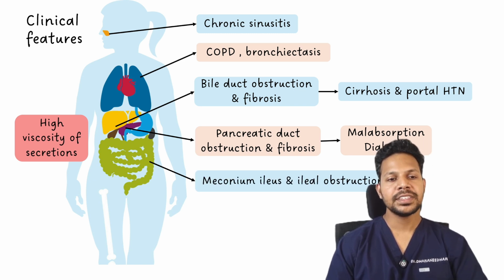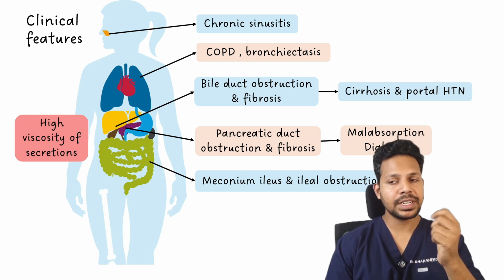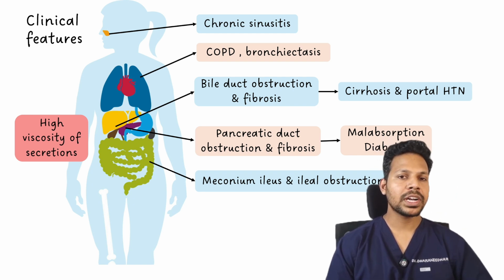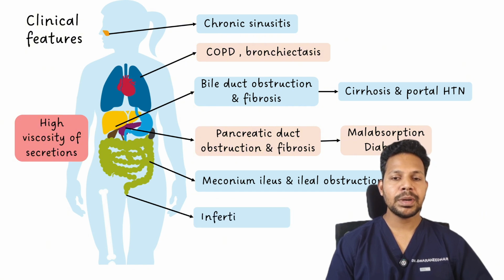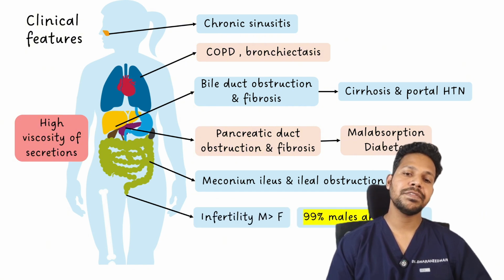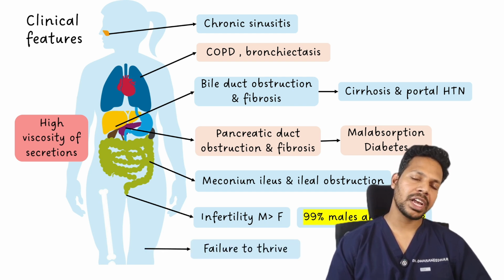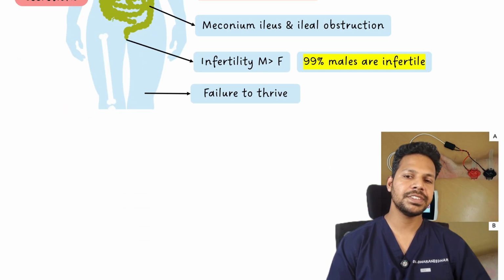And the males, where there is vas deferens, which is also a lumen, it is also getting blocked, and the patient will have infertility. Remember, 99% of males are infertile when the patients are having cystic fibrosis, and the patient will also fail to thrive because of all these problems. Hope you understood the clinical features.